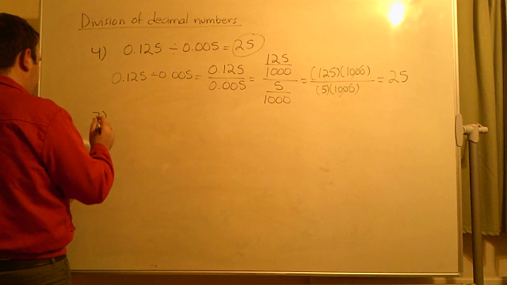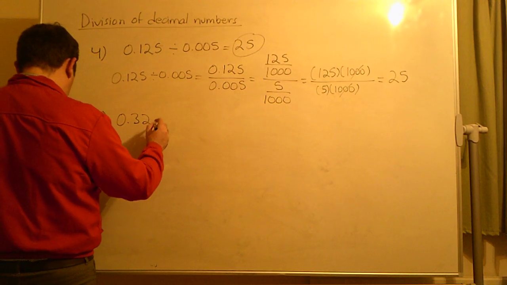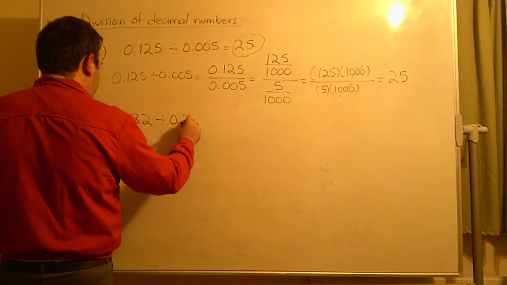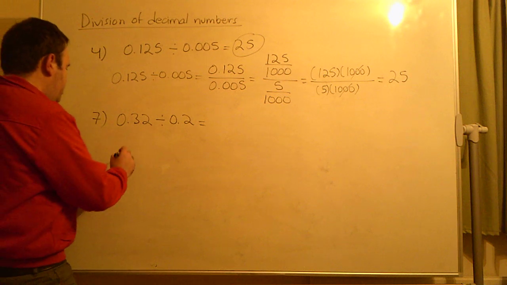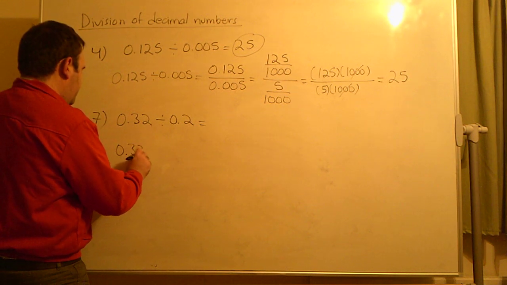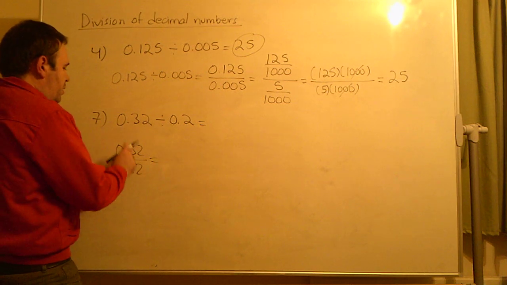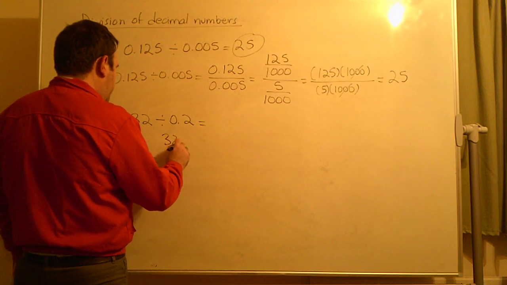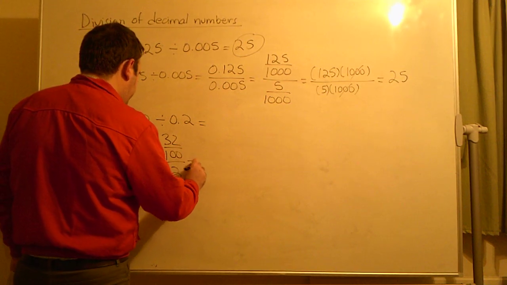7. 0.32 divided by 0.2. So we're going to write it down here like 0.32 divided by 0.2. These can be expressed as 32 hundredths divided by 2 tenths.